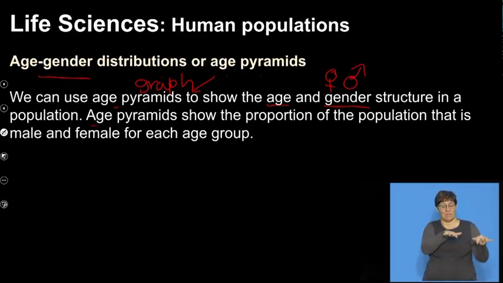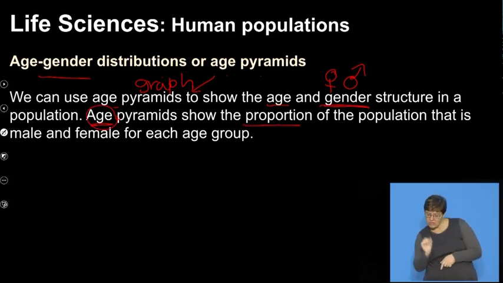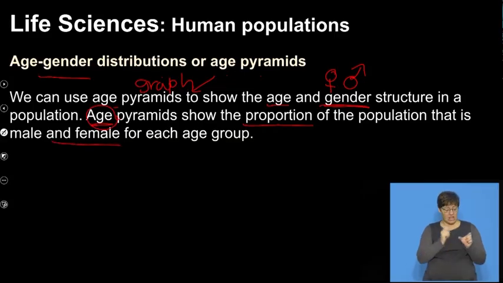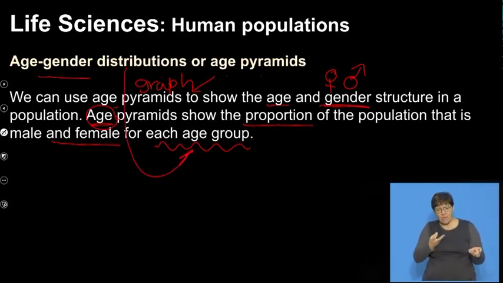And what is interesting is not only are we saying how many males to how many females in the population, we're also looking at the age. So we're going to see the proportion of the population that is male or female, and the proportion is going to be distributed or shared out, organized into our different age groups.